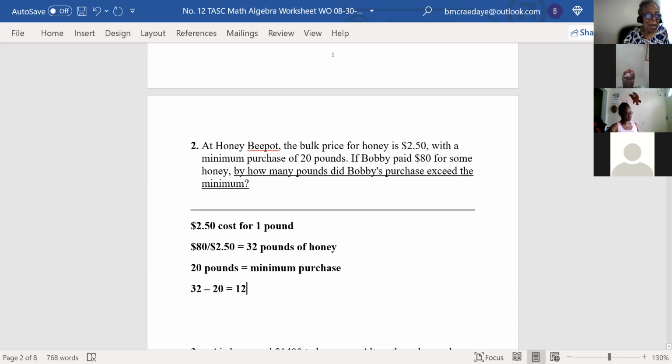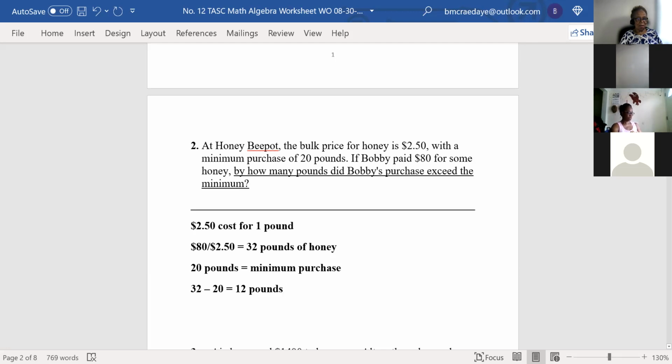So how many pounds did Bobby's purchase exceed the minimum? 12 pounds. Yeah, I get 12 pounds too, but what I did, you divide 80 by 250. But I multiply 32 by 250, which is the $80 that Bobby paid, and then I subtract 20 from 32.